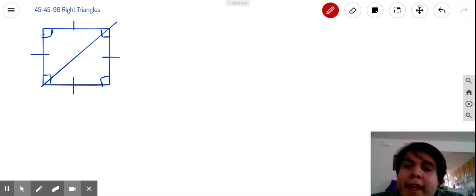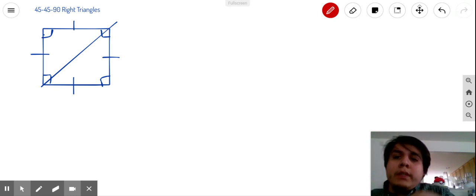As you can see, I have a square drawn with a diagonal in it. I know it's a square because I have the little indication that I have 90-degree angle marks in all the corners, and I know it's a square because all the sides are the same.